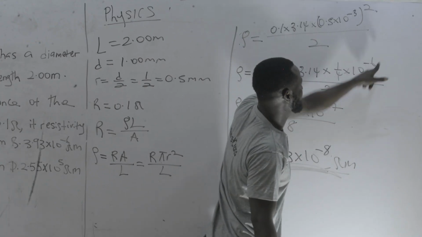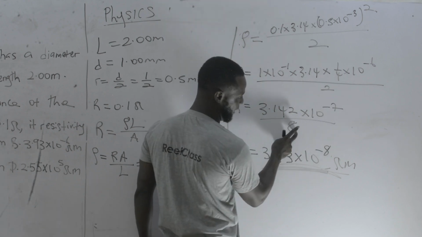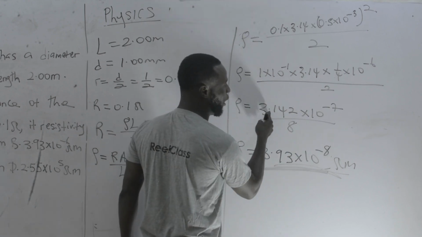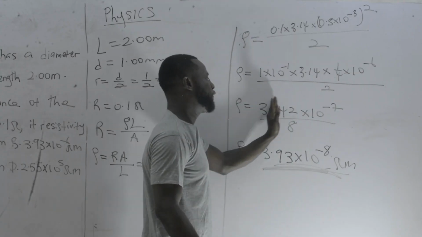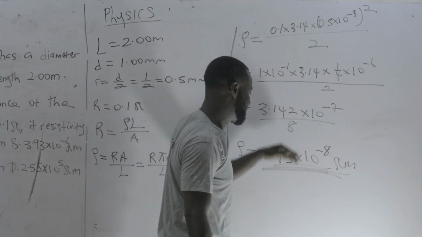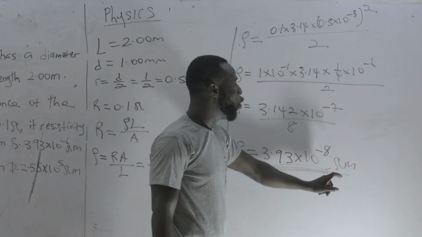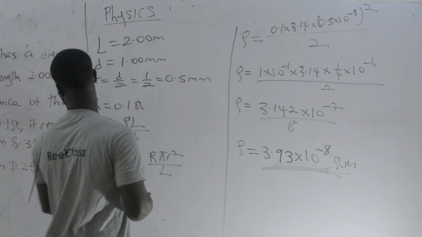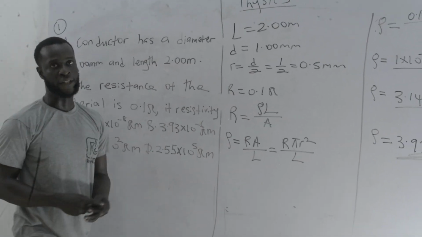Times 10 raised to the power minus 6. I'll bring this 4 down to make this 2, and that will be 8. So I'll have 3.142 times 10 raised to the power minus 7. And if I say 3.142 times 10 raised to the power minus 7 divided by 8, I should get 3.93 times 10 raised to the power minus 8 ohm meter. And that would be option A. So that is it for the question.